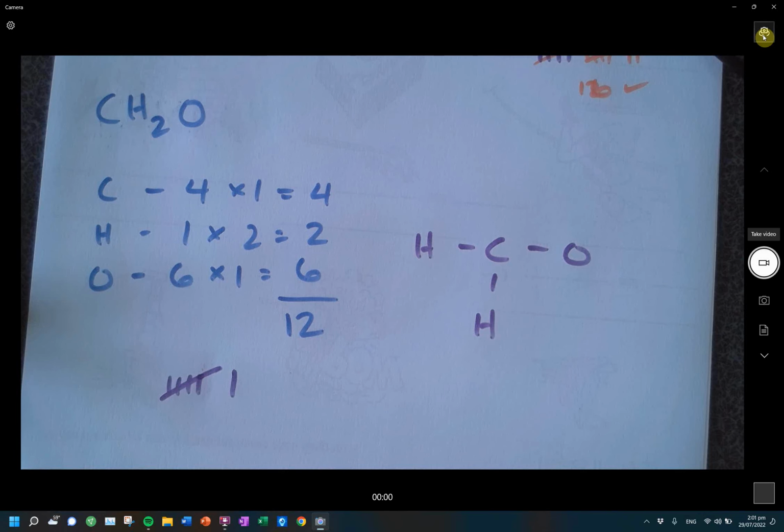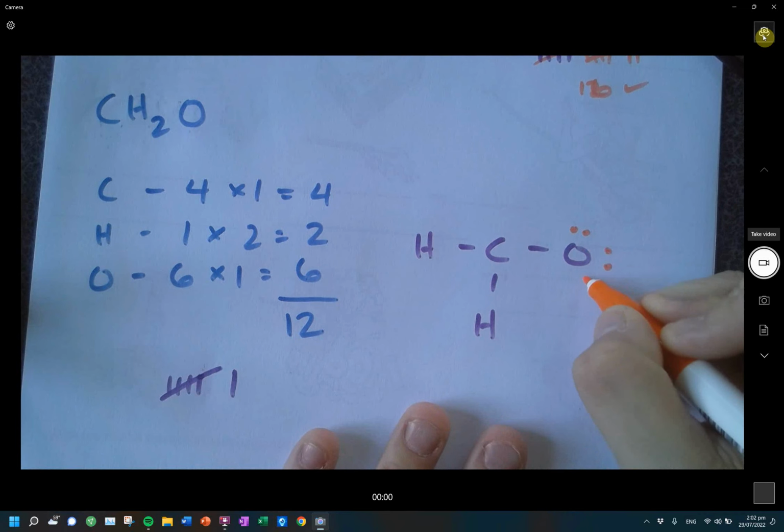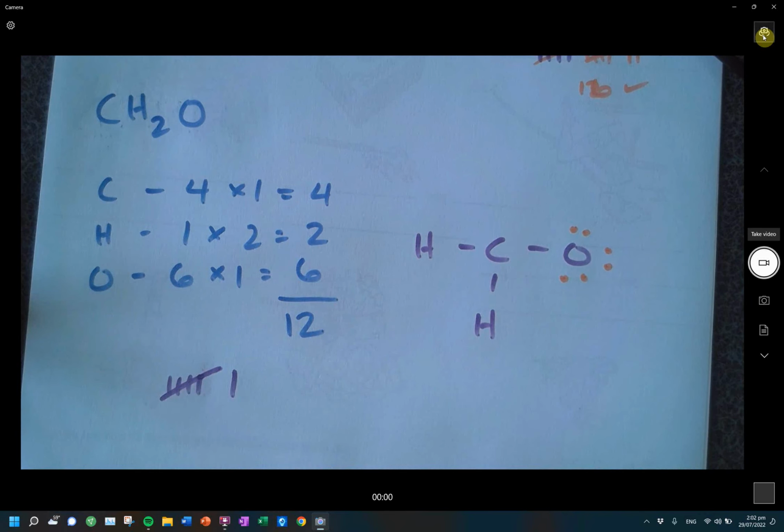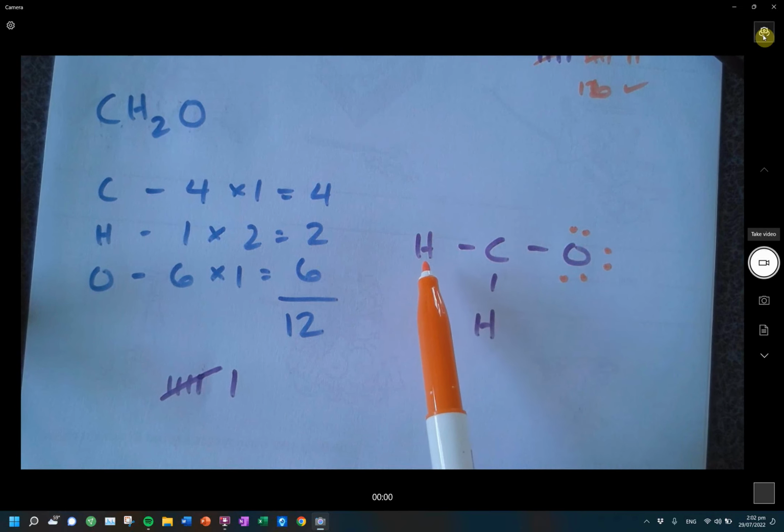Okay. Now what I'm going to do is start from the outside going in to try to use up my electrons. So I should have 6 more electrons left, according to my count. 1, 2, 3, 4, 5, 6. Okay. Hydrogen doesn't need any more because hydrogen already has the 2, because remember it's an exception to the rule. Hydrogen over here, 2. It's fine.